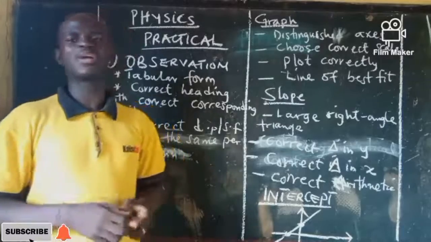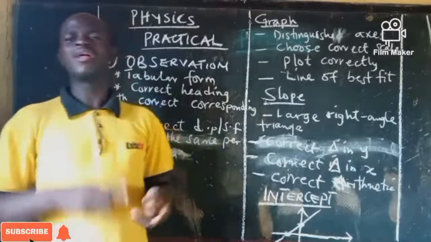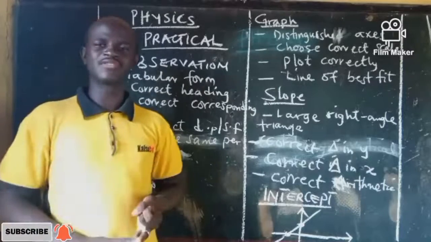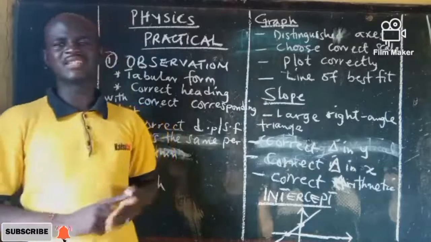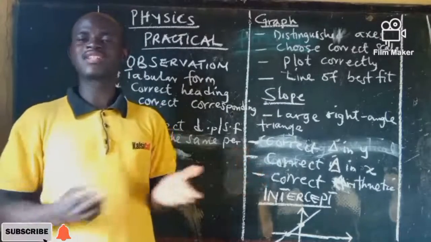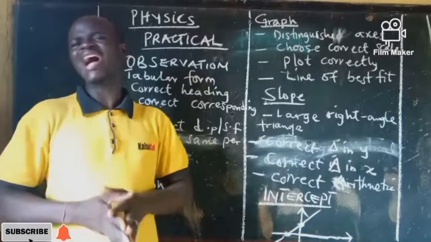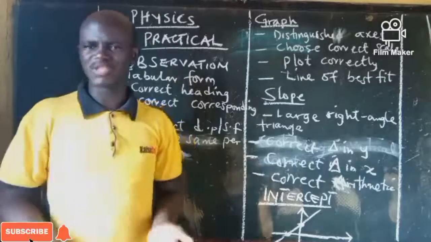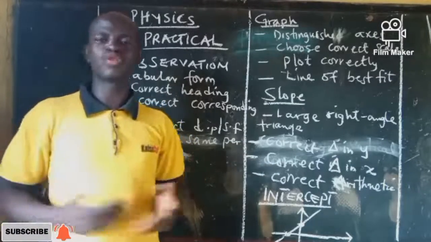For example, 3 is not acceptable, 7 is not acceptable: 3, 7, 11, 13, 17, 19, 23, 29, 31. All these numbers are not acceptable, not only these numbers but their multiples and submultiples.